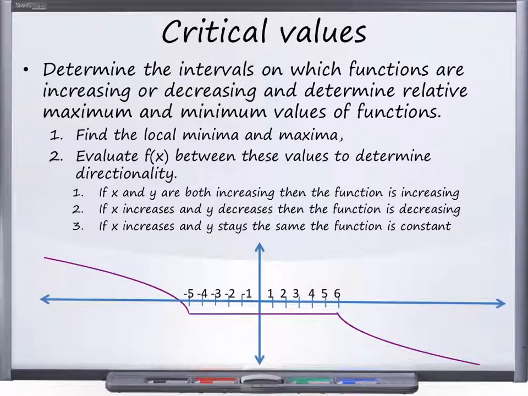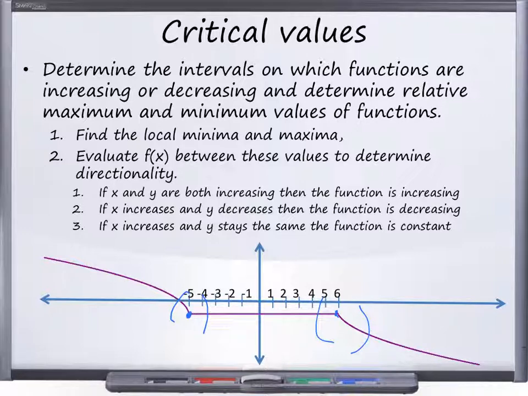Alright, critical values. Determine the intervals on which functions are increasing or decreasing, and determine relative minimum and maximum values of functions. Okay, find the local minimum. Local just means that between certain sections you're going to have a minimum value or a maximum value. Those are our critical points.